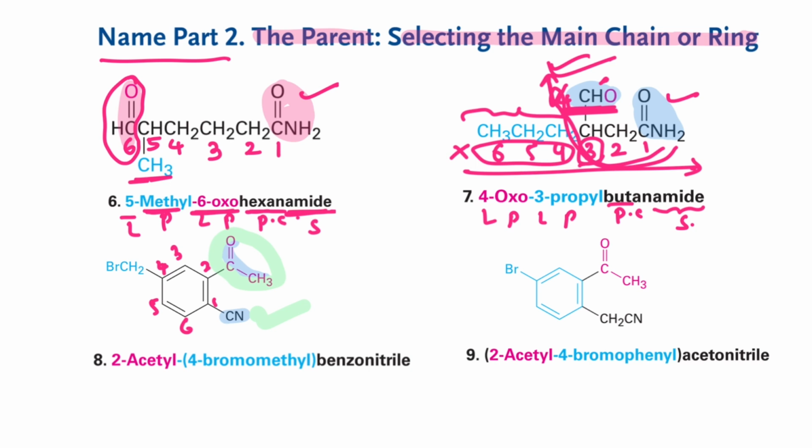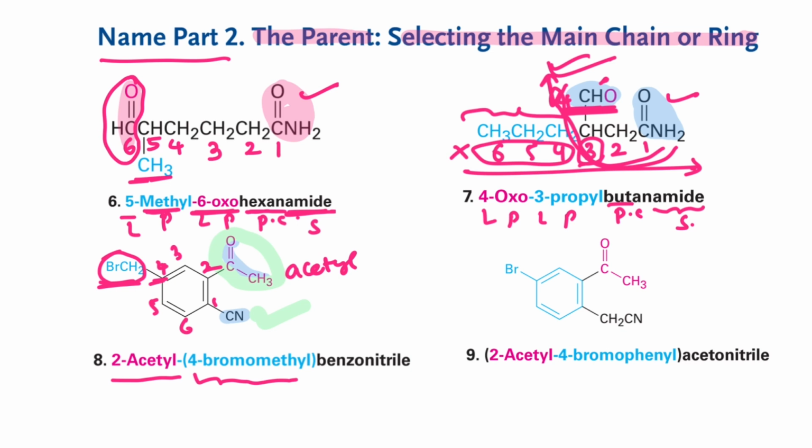So this is called acetyl. This is called bromomethane. Now at which position do we have it? Second position. Therefore 2-acetyl. This is a bromomethyl, at the fourth position. Therefore 4-(bromomethyl). This is a complex substituent, therefore it is given in parentheses.